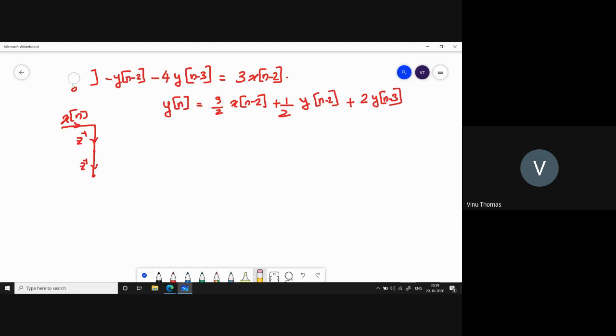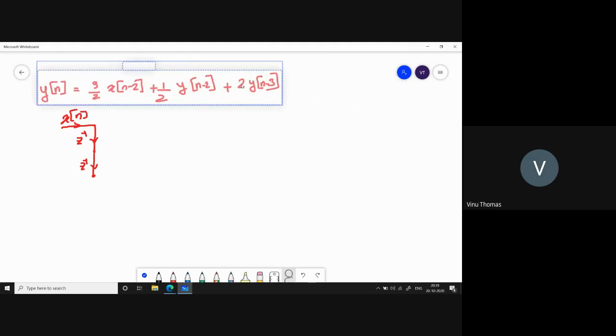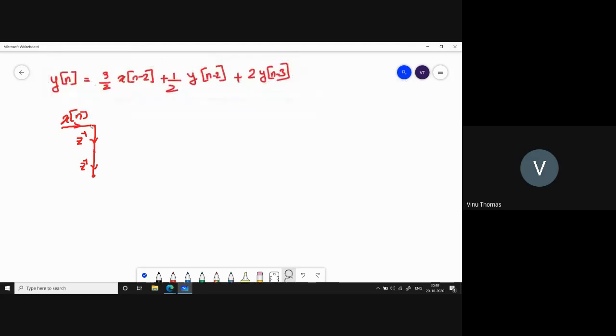So this is the equation that we are trying to implement, and now the previous one. So you have to write an expression for y(n) like this here. So x(n) is delayed by 2 samples, and here you have to multiply this by what?